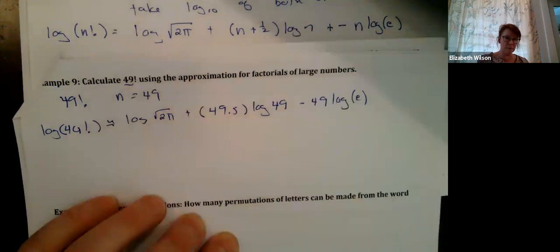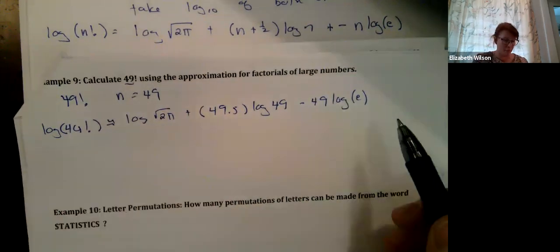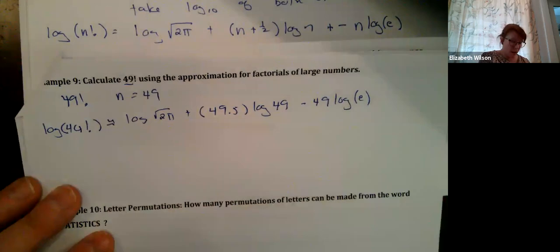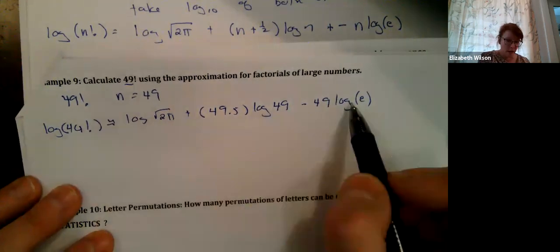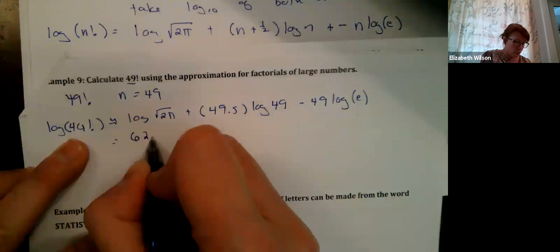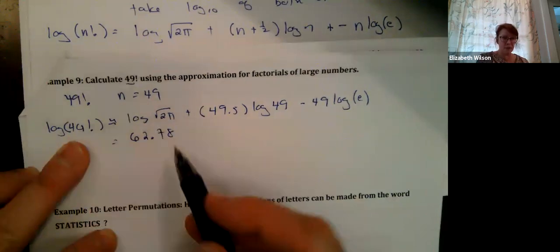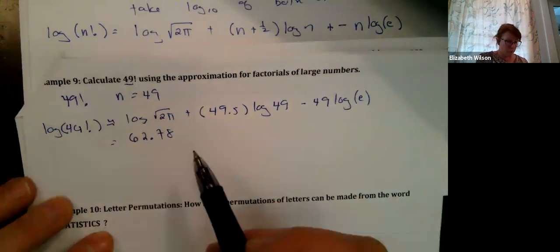I'm putting e in parentheses just because it's a letter. When I plug it all into my calculator and add it all up, I get 62.78. I went off to the second place after the decimal, but don't round too much.